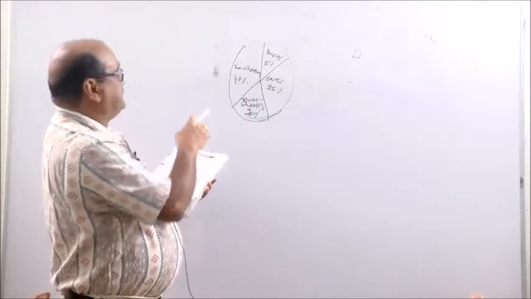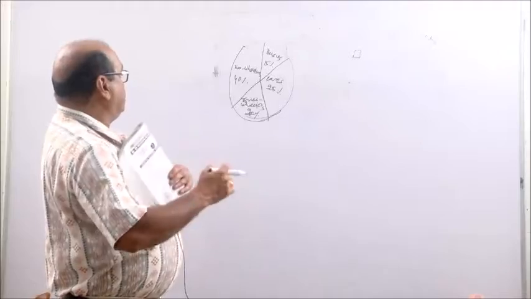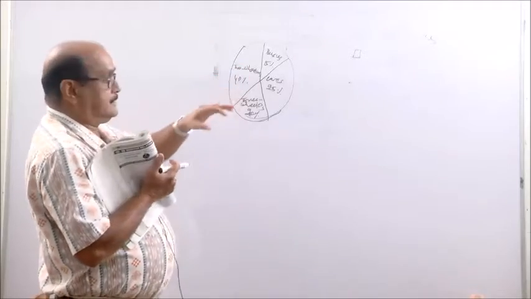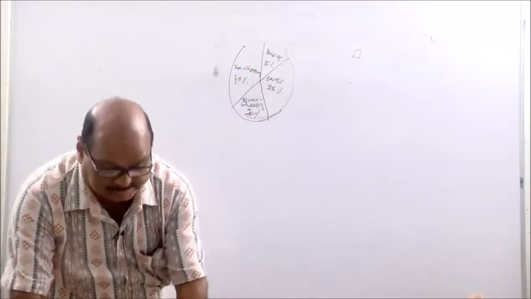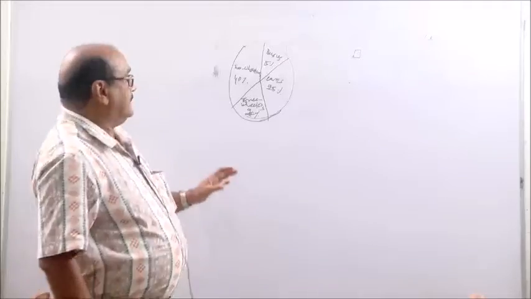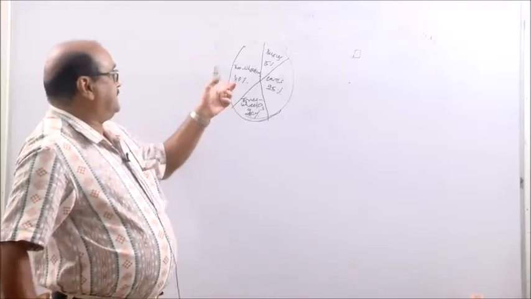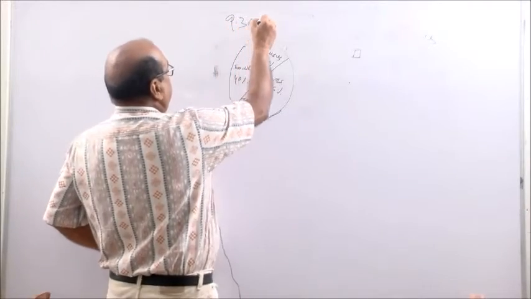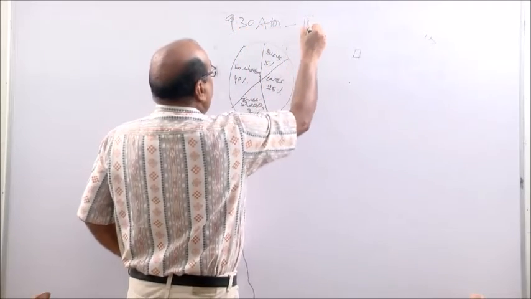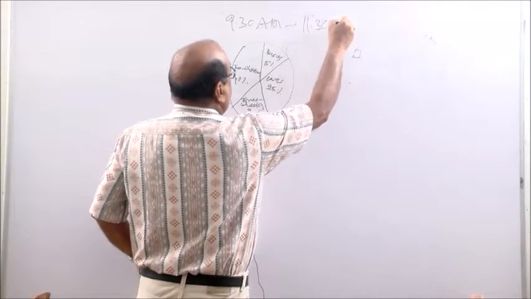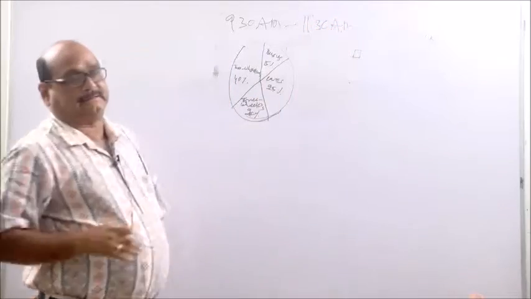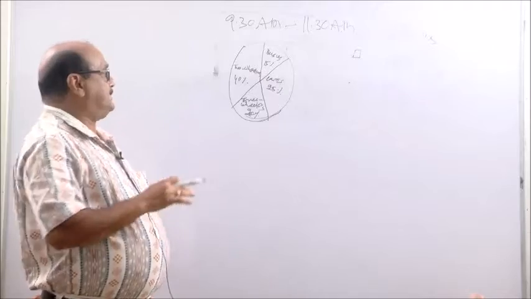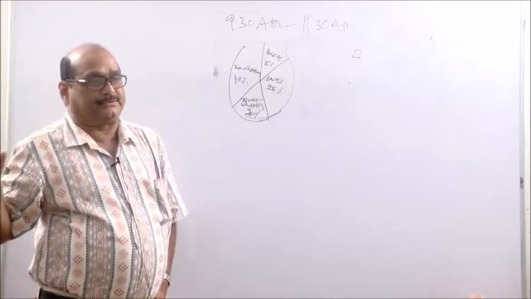It is written in percentage. We have got 100%. At Lakshman Naik Square, between 9:30 a.m. and 11:30 a.m., it is a busy square. It is a busy road.